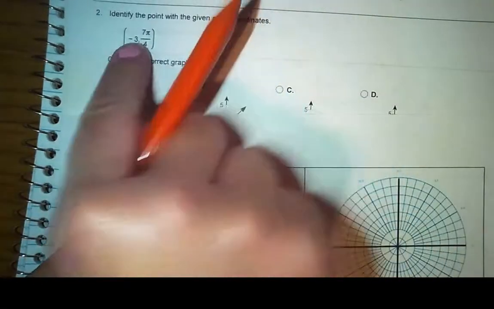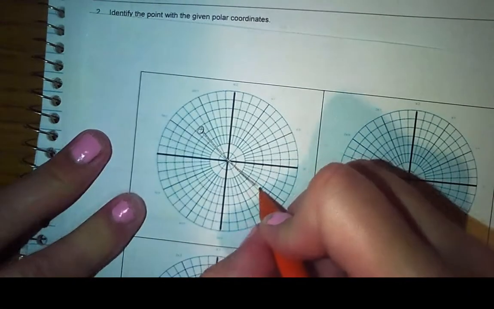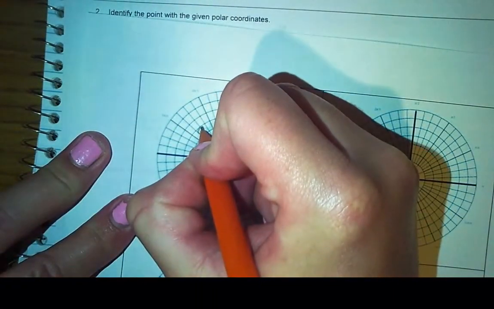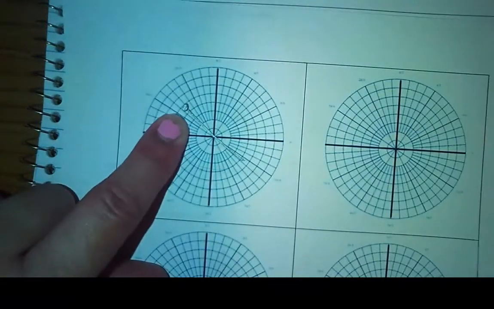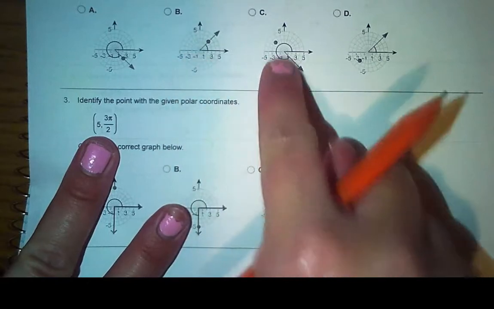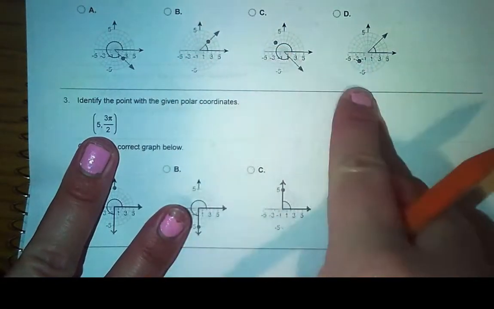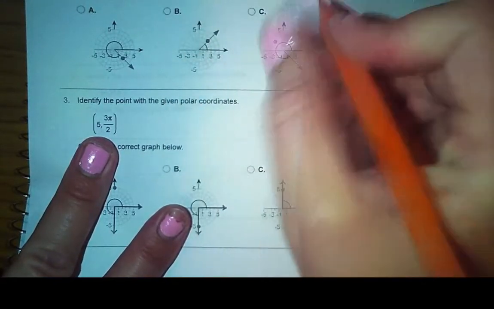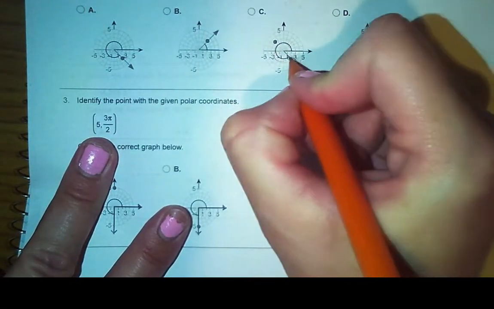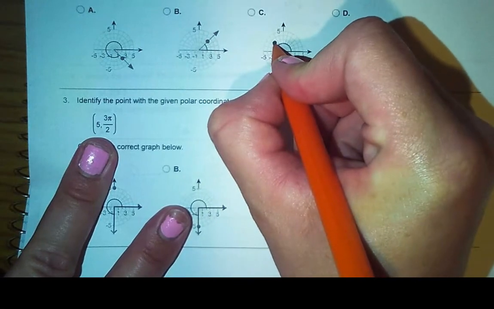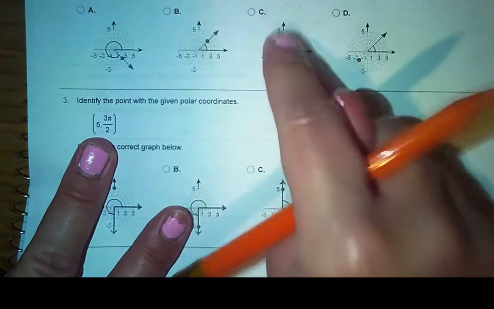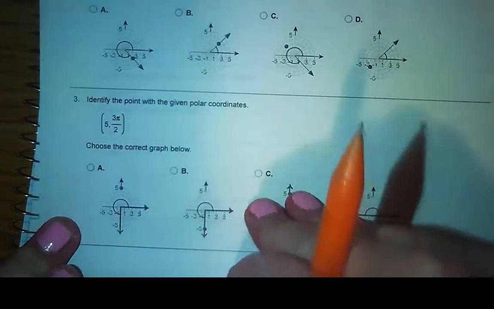But that negative, which is the last thing I handle, means I just slice directly through the pole and then plop it on back down. Okay, so you're looking for an answer in quadrant 2. So again, here's quadrant 4, here's quadrant 1, here's quadrant 2, and here's quadrant 3. And you'll notice that these ones, they took you all the way around into quadrant 4, and then they sliced you through the pole directly opposite into quadrant 2.